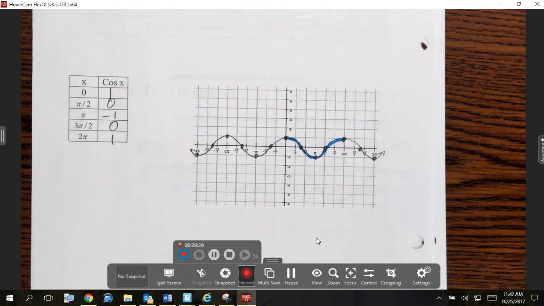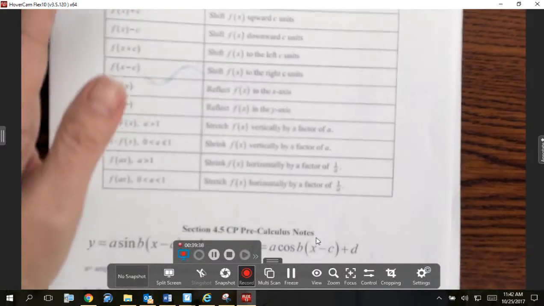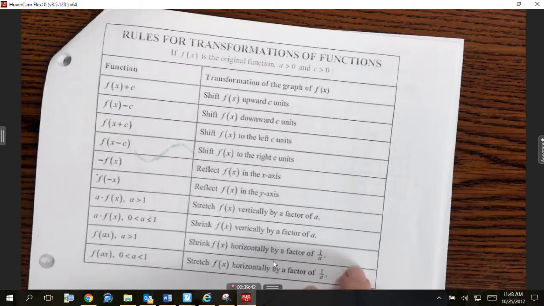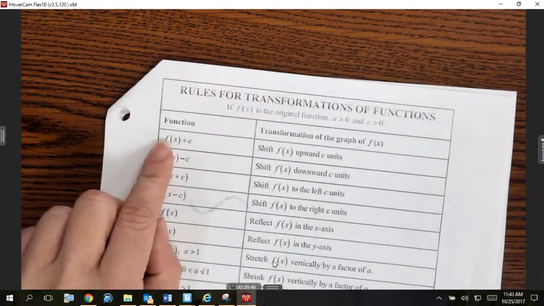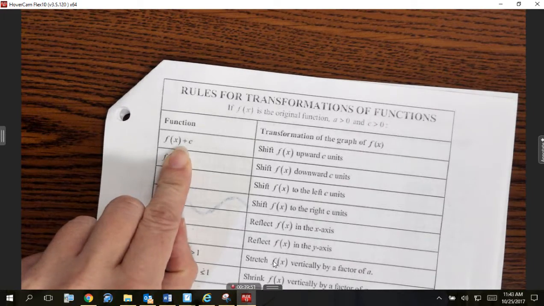Okay, we're back to our notes. I skipped this page earlier, but I'm not going to go over it much because we have already covered how to do transformations. If it's on the outside of the function, that's a constant, a number.